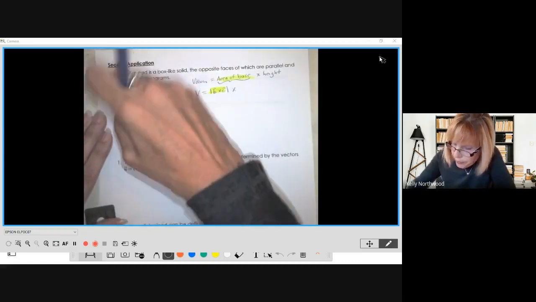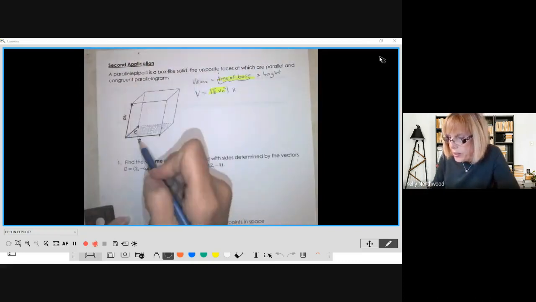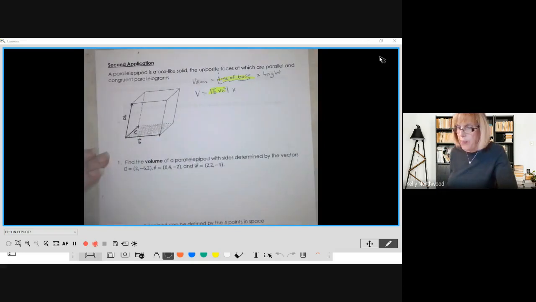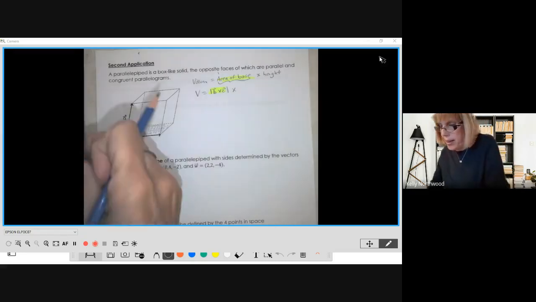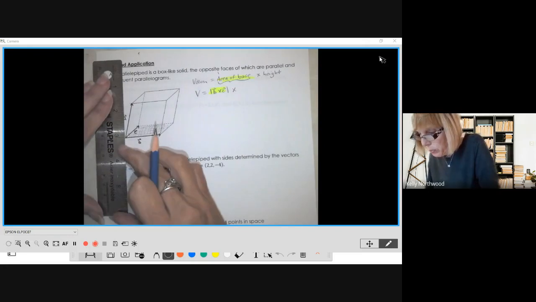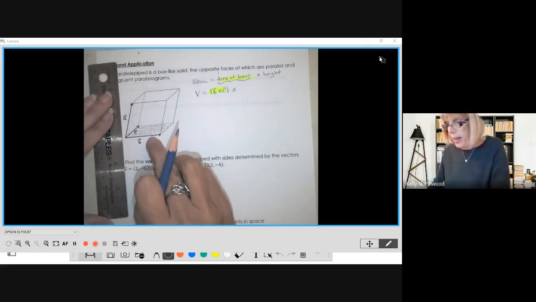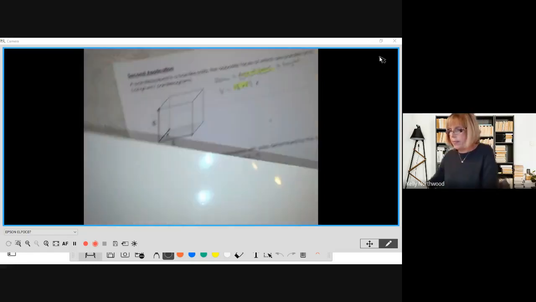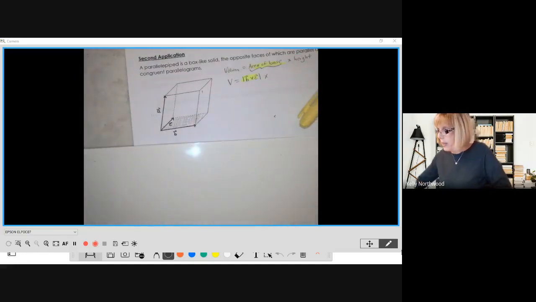So if I do vector B cross C, I'm going to get a vector that's perpendicular to both B and C. Okay, so vector B cross C is going to be perpendicular to both B and C. So if B cross C is like flat, I'll do my little picture on here again. Try to make it look like this.